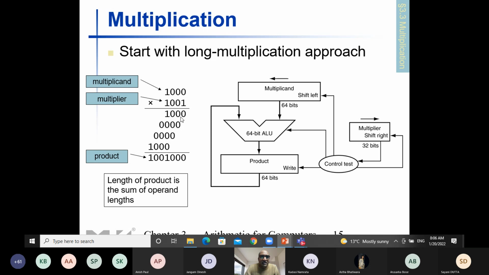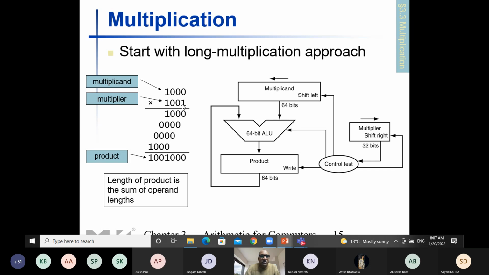Then these intermediate products are properly shifted and we perform the addition. For example, here assume that 1000 is the multiplicand and the multiplier is 1001. Here, for the sake of simplicity, we consider decimal numbers, but placed in such a way that they also take care of the binary part, like 0s and 1s.